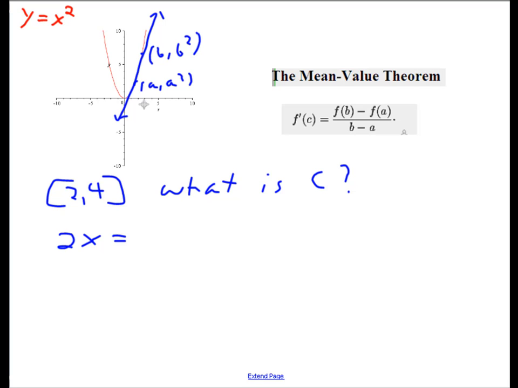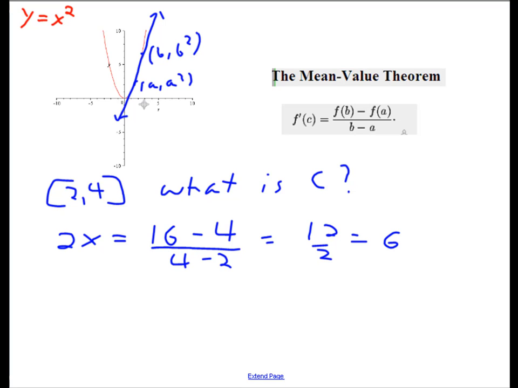Well, in this case, b is 4. F of b is 4 squared, so that's 16. Minus f of a. A in this case is 2. 2 squared is 4. Over b minus a. And when we simplify that, that's 12 over 2, which is simply 6.